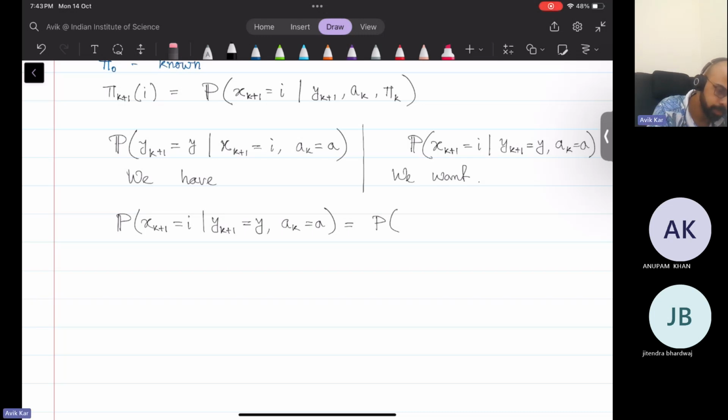A given B is probability of A intersection B by probability of B, right?